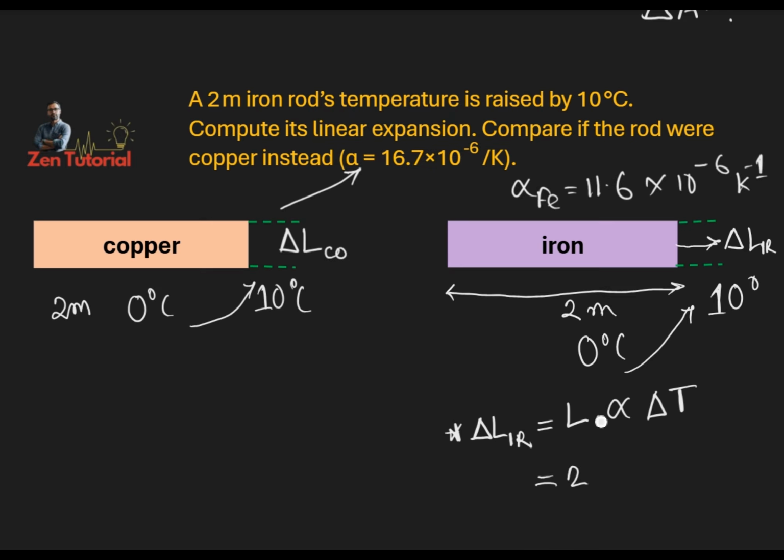Length is 2 meter, alpha is 11.6 into 10 to the power minus 6, and del T is 10 minus 0, so 10 degrees Celsius.